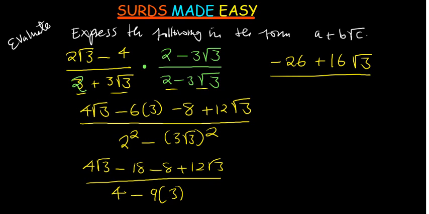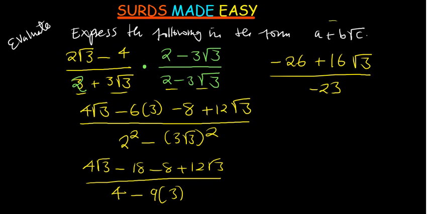And then in the denominator we've got 9 multiplied by 3. What's the answer? 27. And then so we're going to say 4 minus 27. That will give us negative 23 in the denominator.